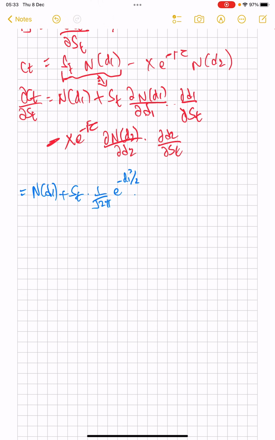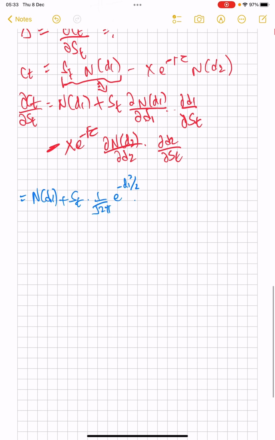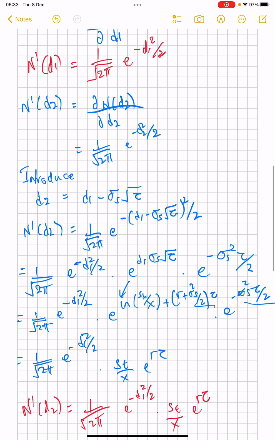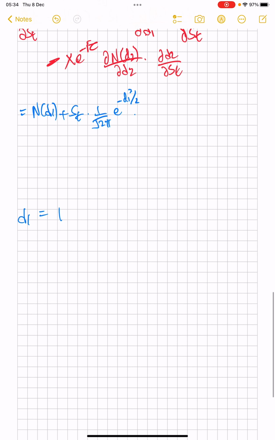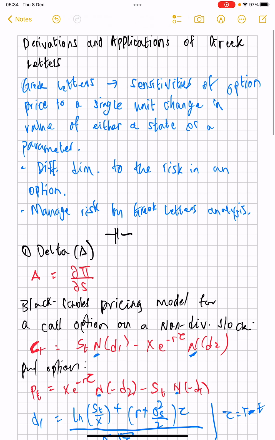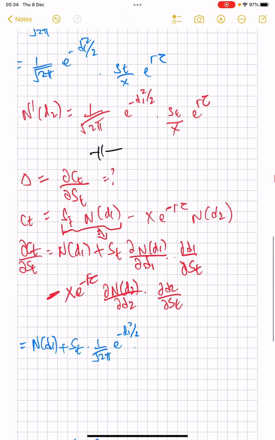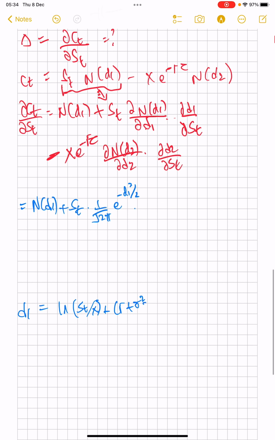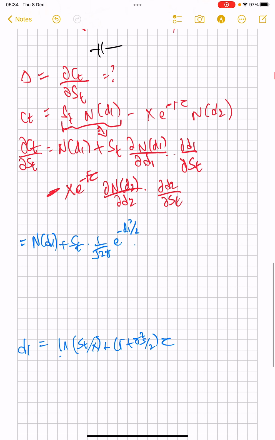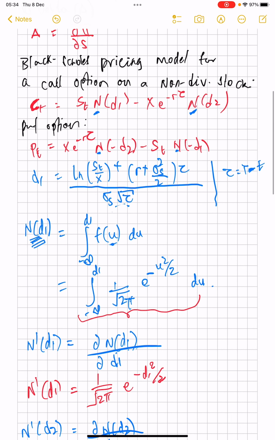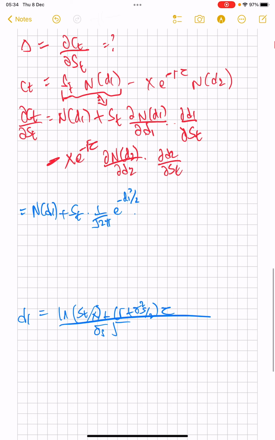Let me just write what is d1. d1 is ln St over X plus r sigma square over 2, and I want to find the derivative of d1 with respect to St.